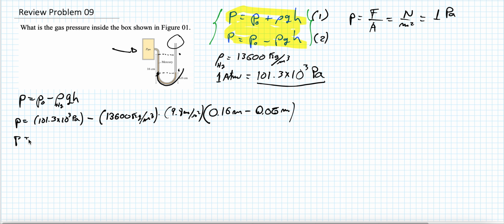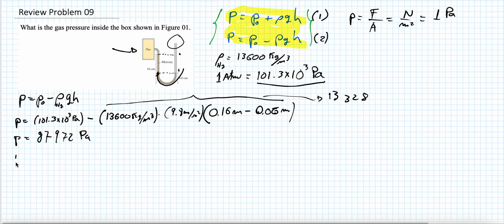Now let me get my super calculator to do all these calculations. 13,600 times 9.8 times 0.1 gives me 13,328, and this is in Pascal. Then we do 101,300 minus 13,328, and it's going to be 87,972 Pascal.